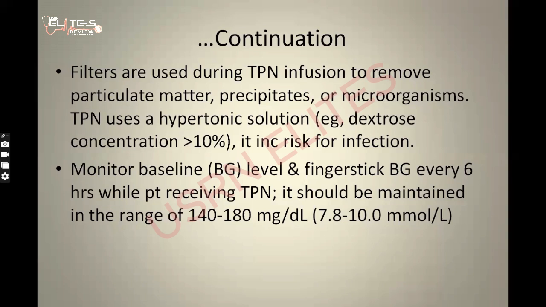So at a point when your TPN gets finished, or you are arranging for another one to continue and it is not ready, you still have to keep your glucose level around the same level in order to prevent hypoglycemia, and it will be a very sudden one. So this is what happens.